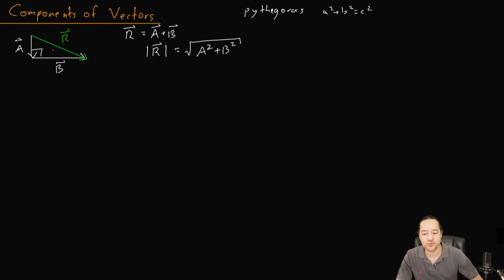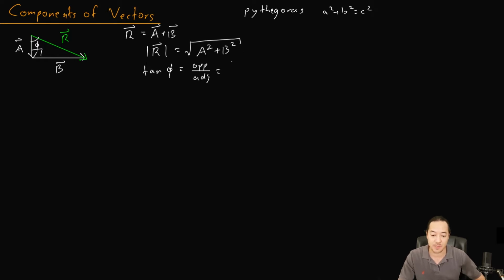Likewise, if we define an angle here and call that phi, then we can also calculate phi using trigonometry. Now that we have a right triangle, we can use trig. So in this case, we have A and B, and so we know that tangent of phi is going to be equal to the opposite over the adjacent.